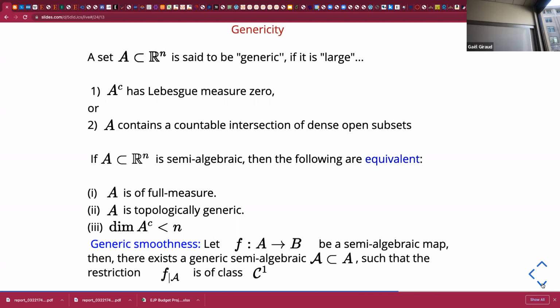So if you deal with semi-algebraic objects, generically they are very smooth, very nice. There are things you can do with semi-algebraic subsets that you can never do with the standard functions you use in analysis. So that's a nice aspect.